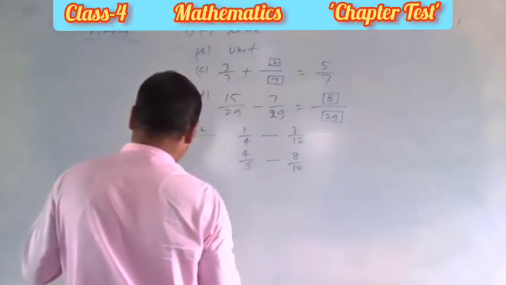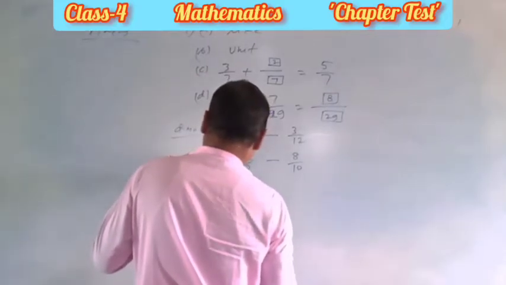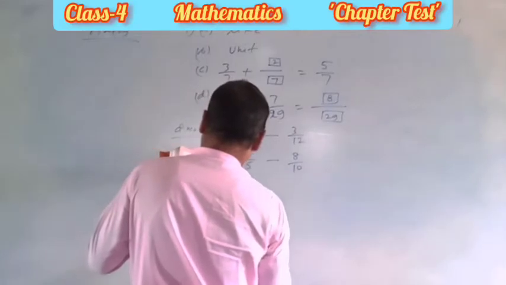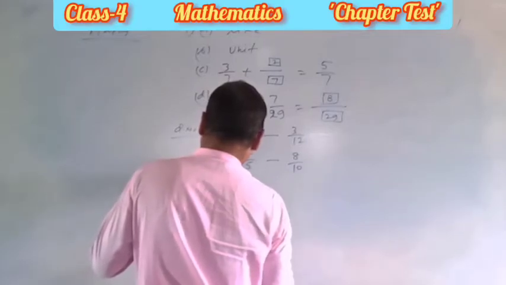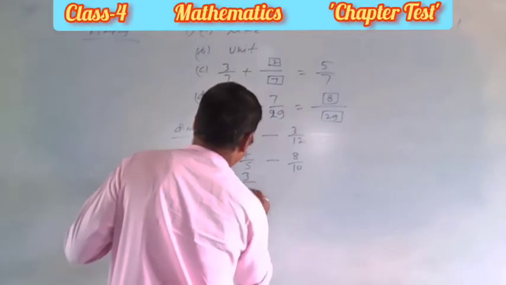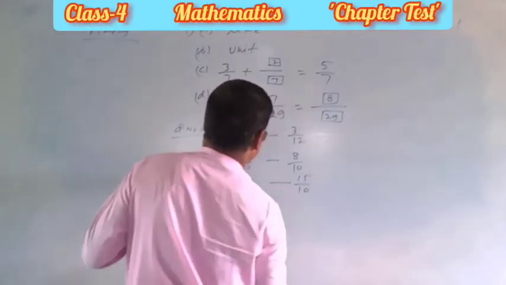Next, 2 by 3, 2 by 4, it is not completed. 3 by 2, it's 15 by 10.